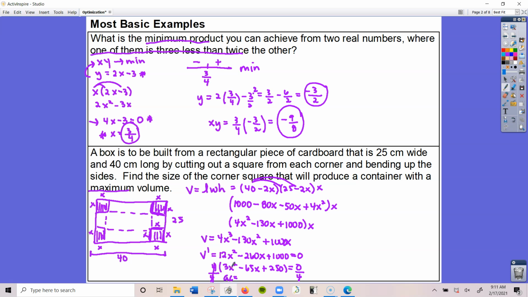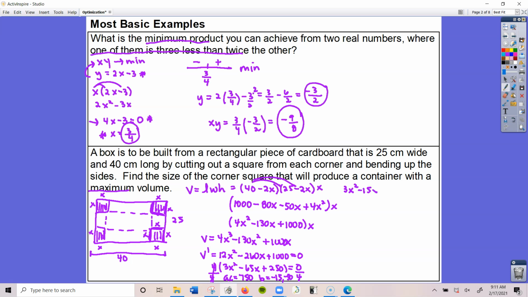AC is 3 times 250, so what is that? 750. And the two numbers that would multiply to give me positive 750 and add to give me negative 65 are negative 15 and negative 50. So I'm going to rewrite this quadratic up here, so 3x squared, using those two numbers for b.